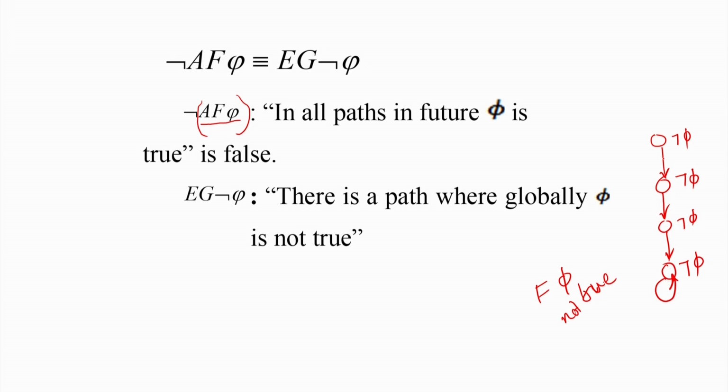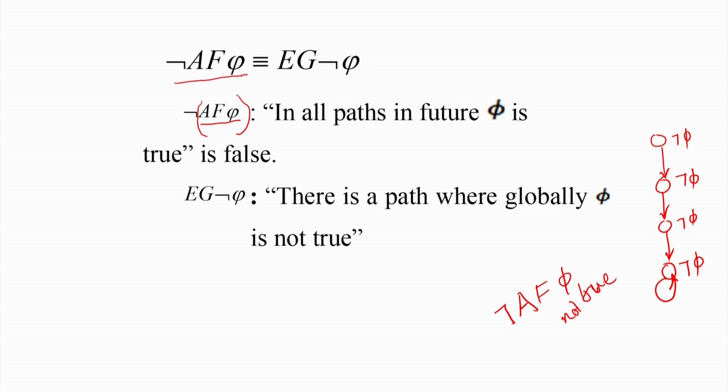And if this happens in all the possible paths, then we say that in all paths, in future phi is true is false. So, this is equivalent to saying that there exists a path where globally not of phi is true. Now, if you consider any model and any state in it, if the truth value of not of A F phi is true, then the truth value of E G not phi is also true.